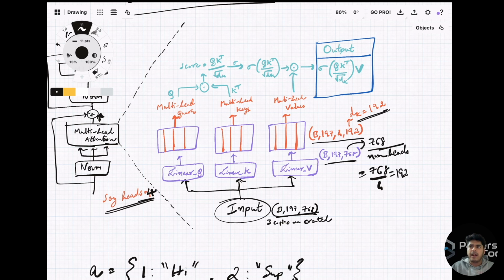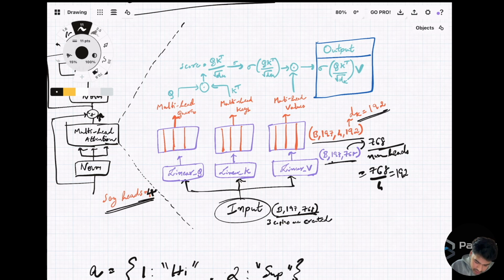Why do we divide into multiple heads is a good question if that comes up in your mind. The reason we divide into multiple heads is so that the finer details are not missed. When we divide this final linear map into multiple different heads, the multiplication allows us to multiply these tensors at a higher dimension.